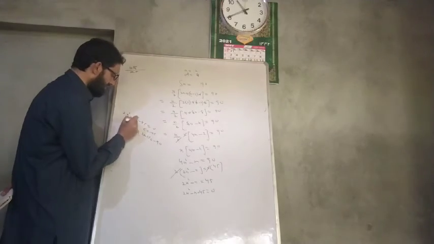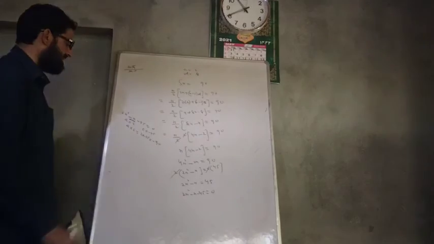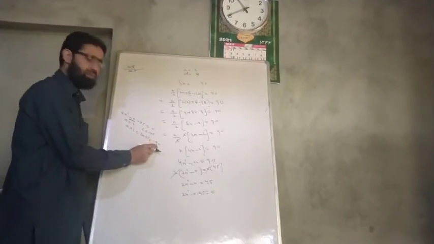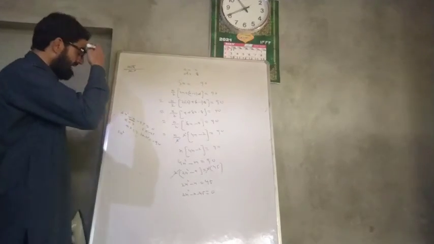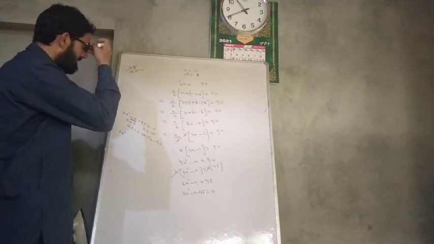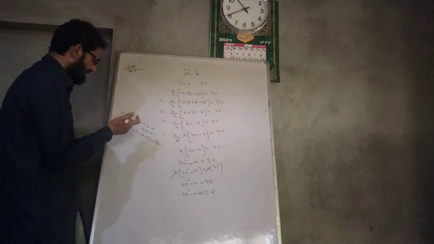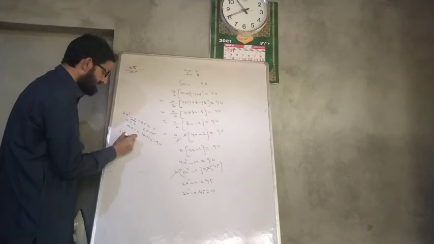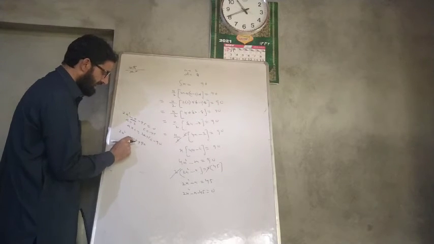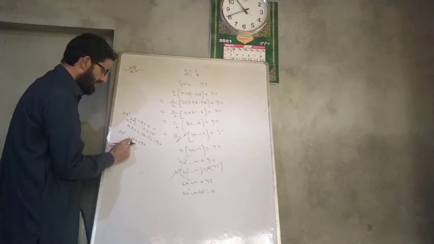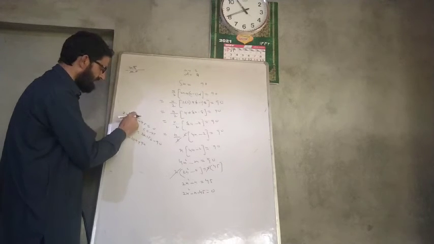Now we have to break this middle term in such a way that the product is equal to minus 90. So this is 2n square minus 10n plus 9n minus 45 is equal to 0. Now see, 10 9s are 90. Out of 10 we are subtracting 9, that is minus 1.